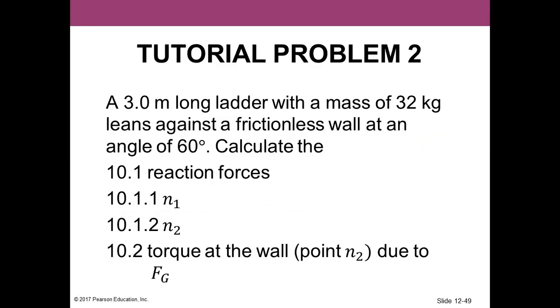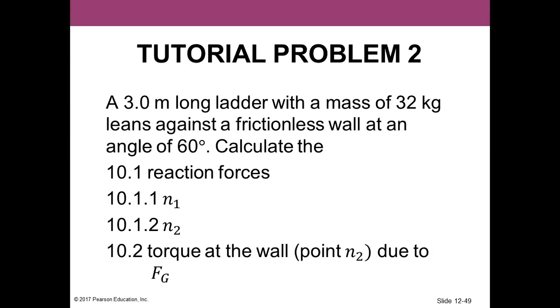Tutorial problem number 2, which is actually number 3. You need to do it by yourself at home. A 3-meter long ladder with a mass of 32 kilograms leans against a frictionless wall at an angle of 60 degrees. We need to calculate the reaction forces N1, N2.